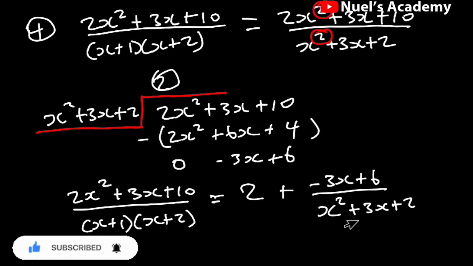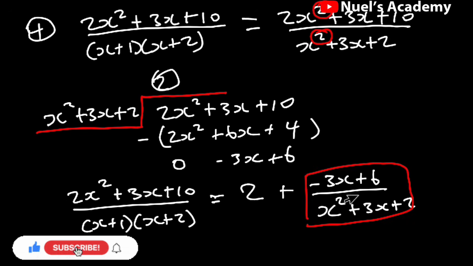But note that this is the factorized form of this divisor. Alright, so we're going to resolve this now into partial fractions, and when we get the answer we add 2 to it. So let's start.